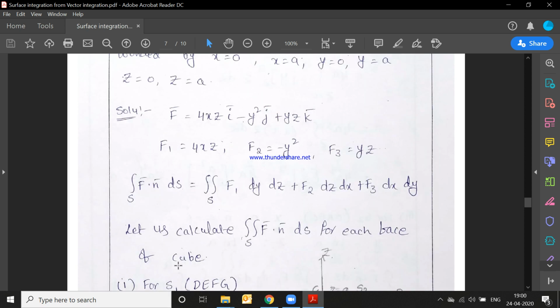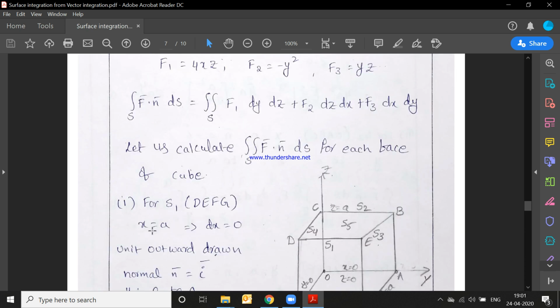So now calculate the double integral over S of f bar dot n bar dS for each face of the cube. How many faces does the cube have? 6 faces. So the first face is considered as S1.